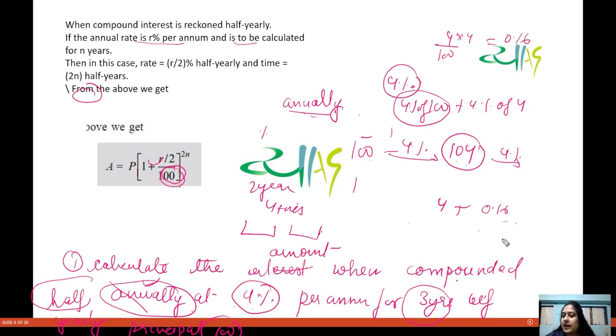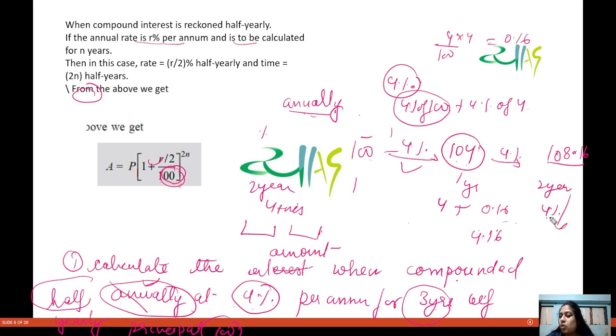So now you will add, that is 4.16. So this will become 108.16. This is for 1 year, this is for 2 years, and this is for the third year.